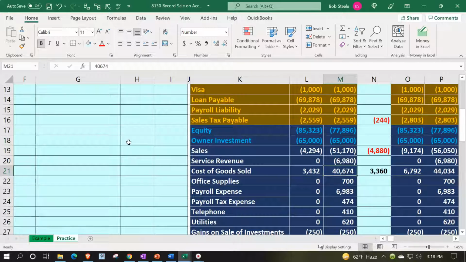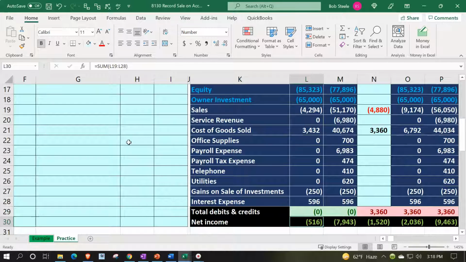On the year to date, 40,674 increased by the 3,360 to the 44,034. Net income then was at the 516. Now we have the net increase, sales minus cost of goods sold, 1,520 to the 2,036. Year to date, 7,943 increased by the 1,520 up to 9,463.